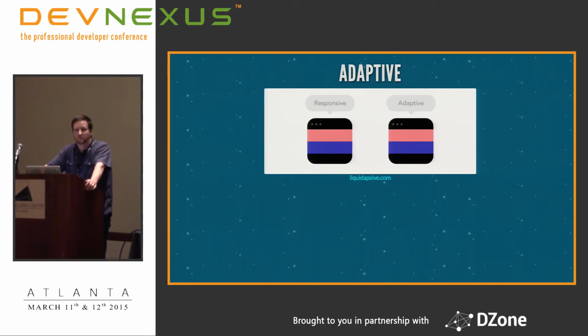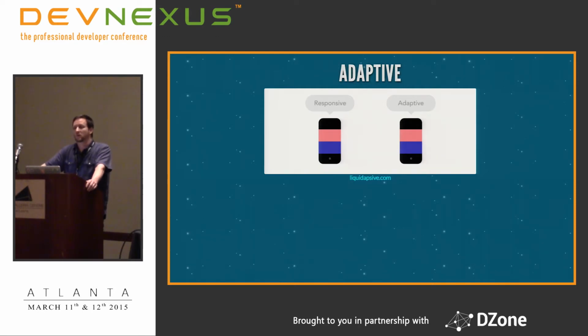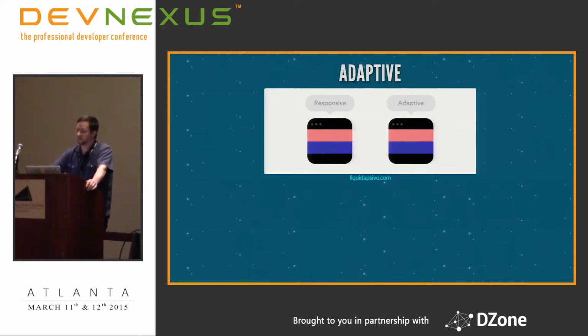There are still many sites out there that use just adaptive. They feel that for the users visiting their site, they only need a couple of breakpoints, and with media queries, they'll just scale and snap as the browser is resized.